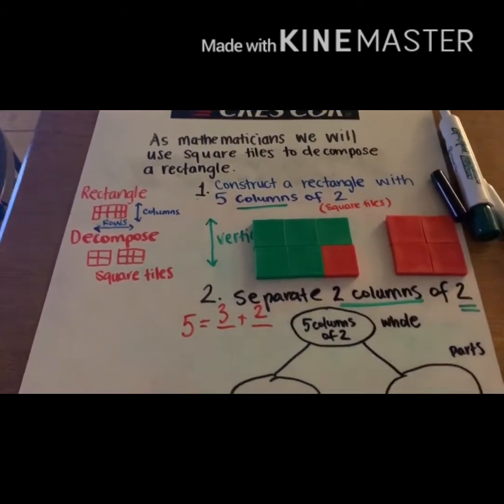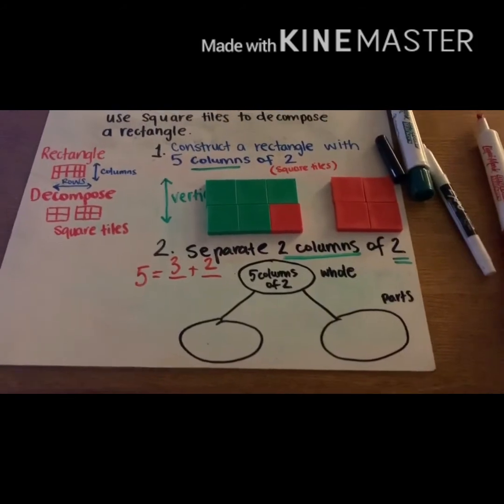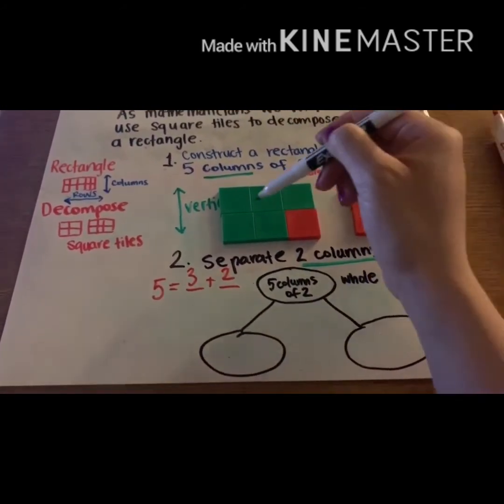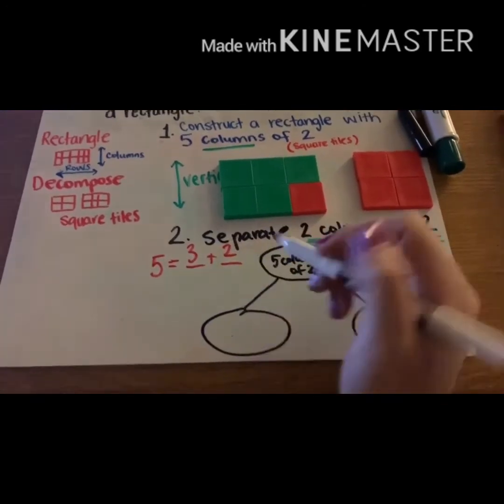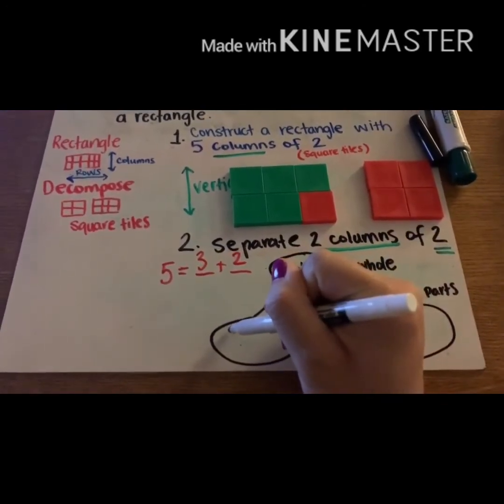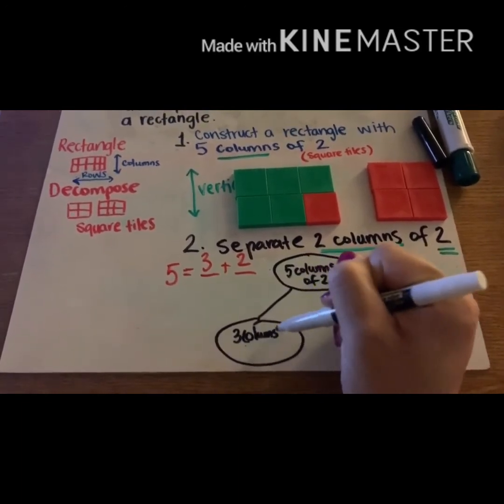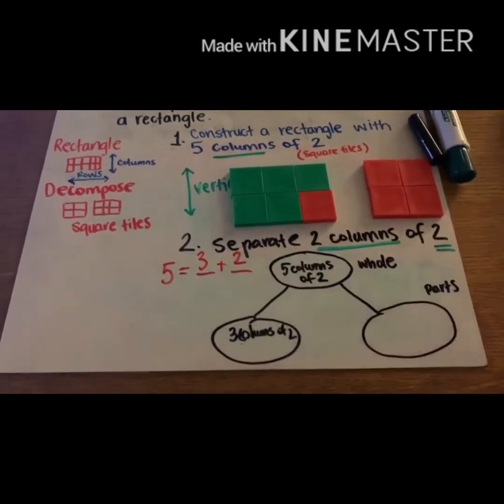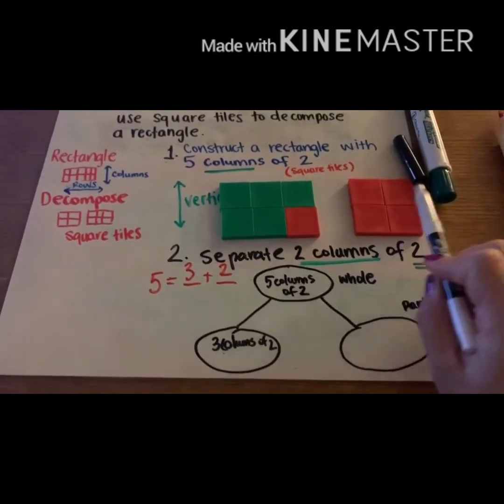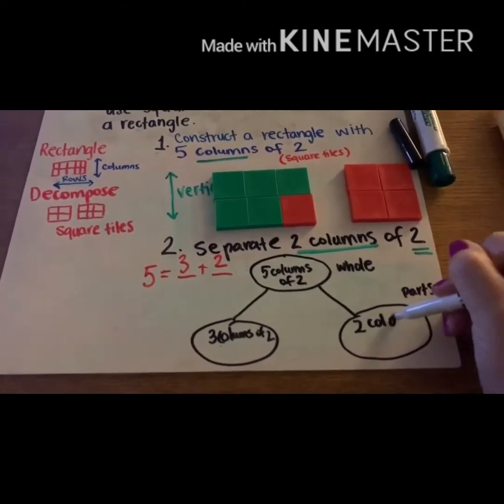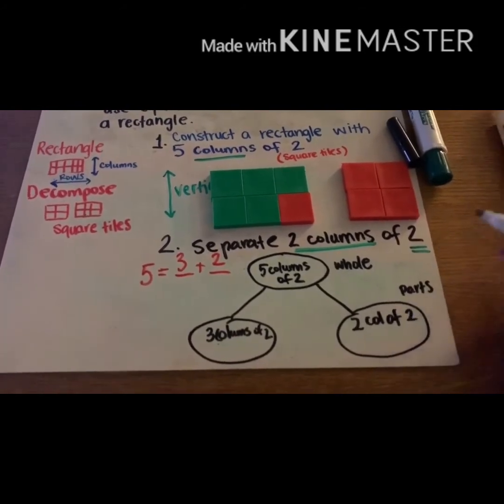So now we have decomposed them. So our first one that we decompose has 3 columns of 2. And our other part has 2 columns of 2.